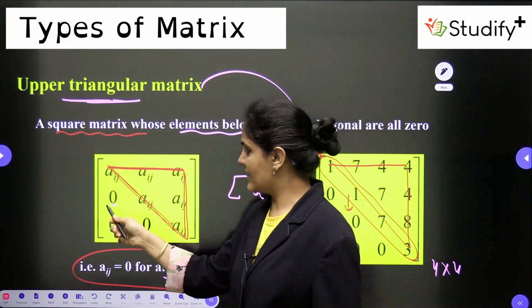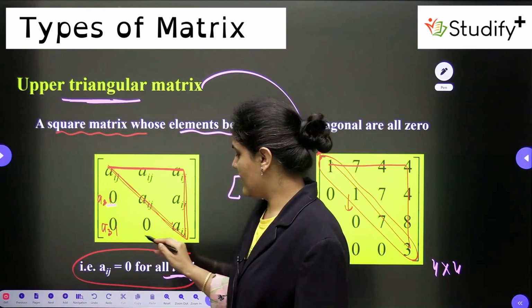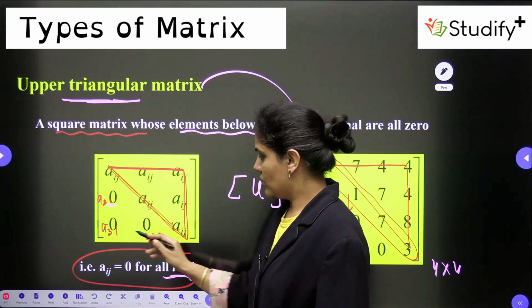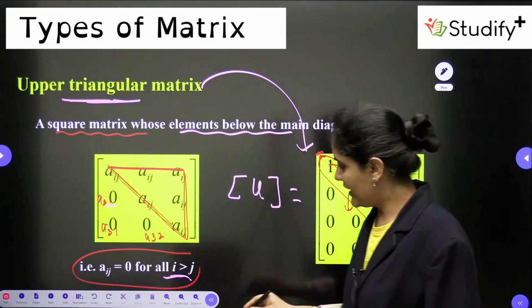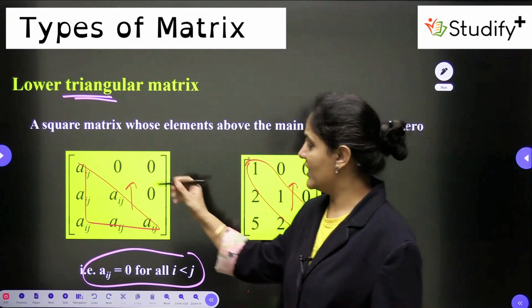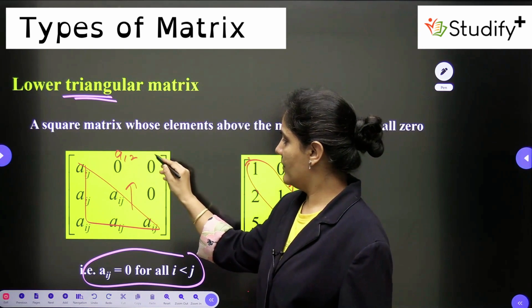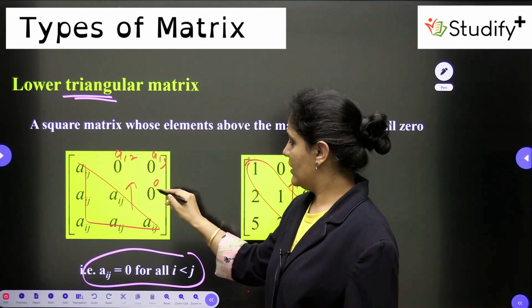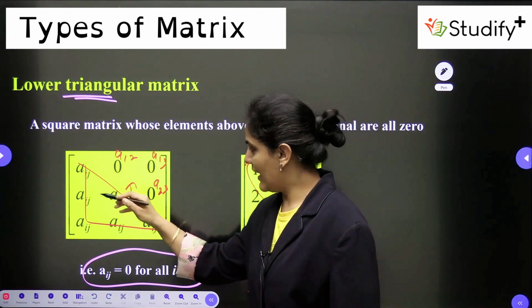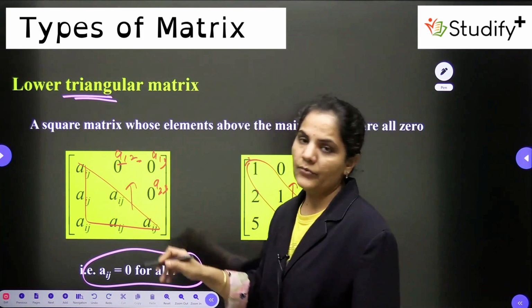Here you can see i is greater than j. This will be A21, this will be A31, this will be A32. And Aij equals 0 for all i less than j, because this is A12, first row second column, A13, A23. So here i is less than j. i is the number of the row, j is the number of the column.